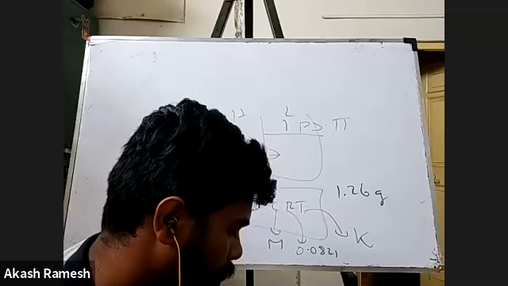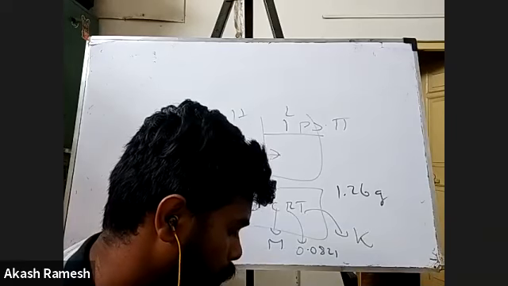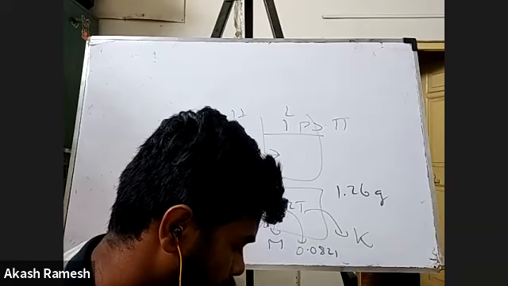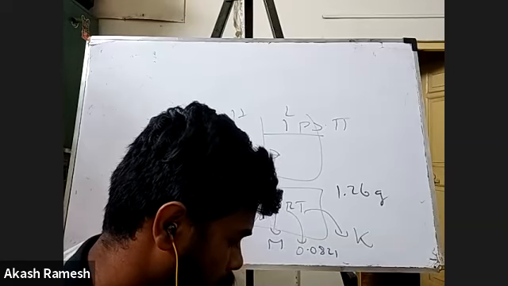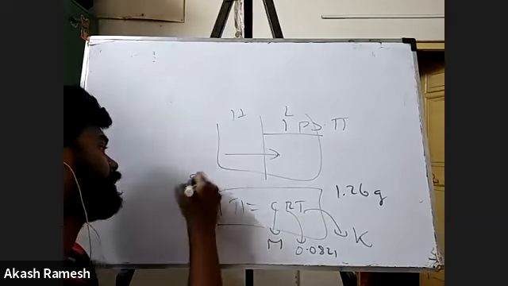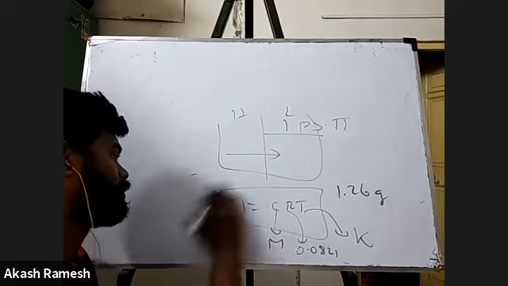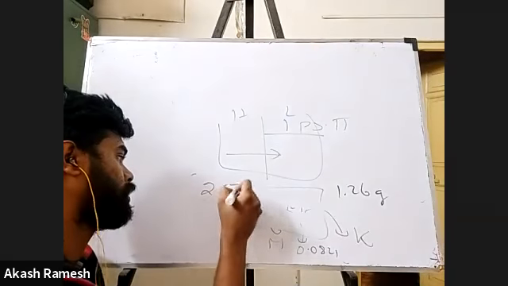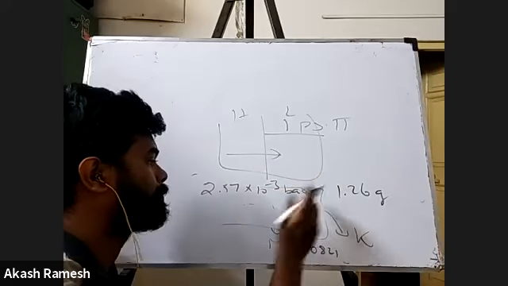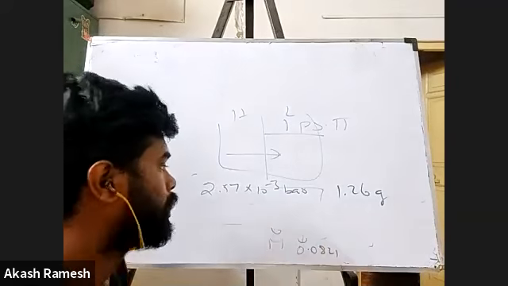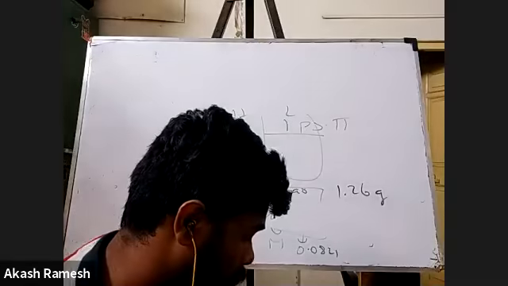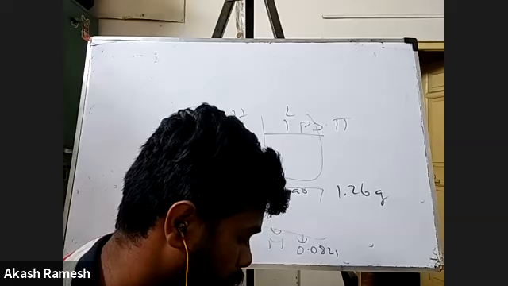The osmotic pressure of this solution at 300 Kelvin is 2.57 into 10 to the power minus 3 bar.